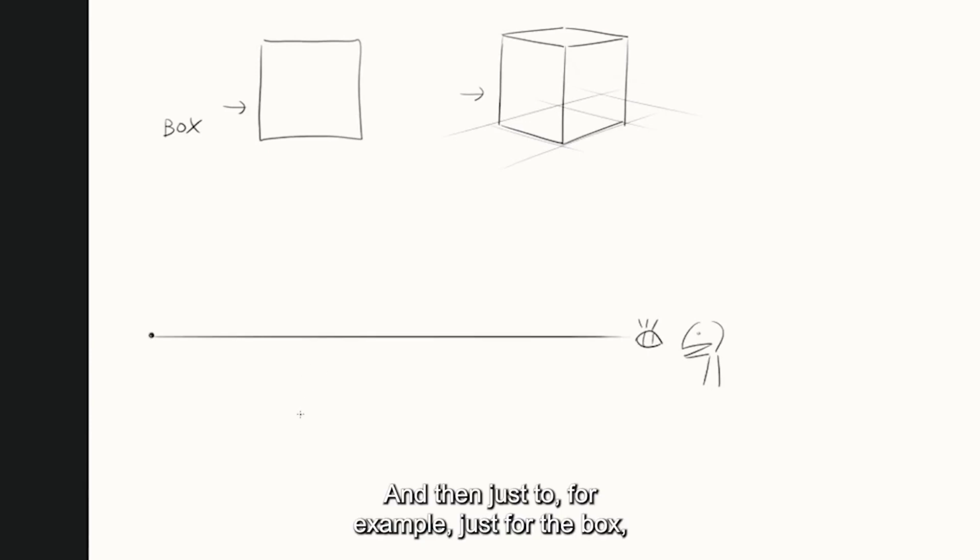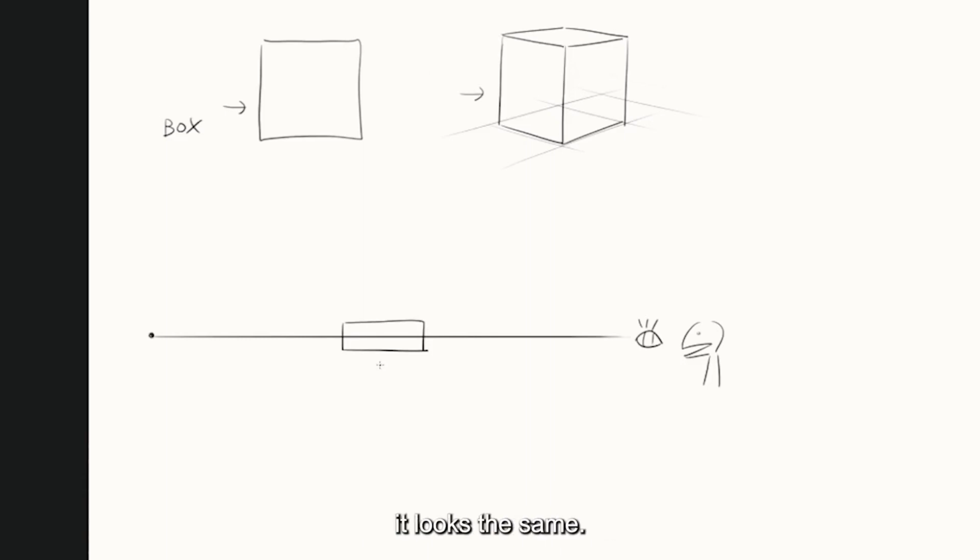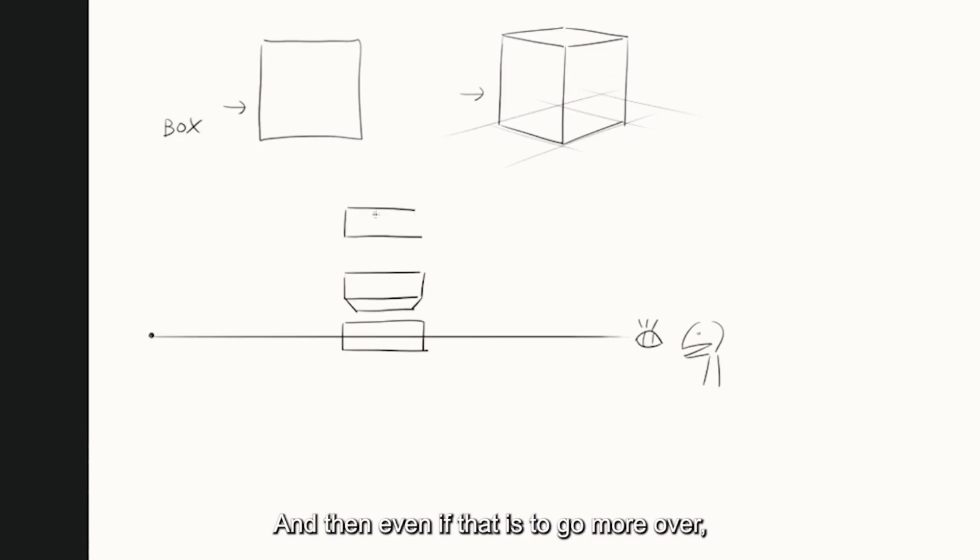For example, with the long box here, at your eye level it looks the same, but if you go up above your eye level, you can see the lower base of the box, and if it goes more upper, you can see more of the underside of the box.